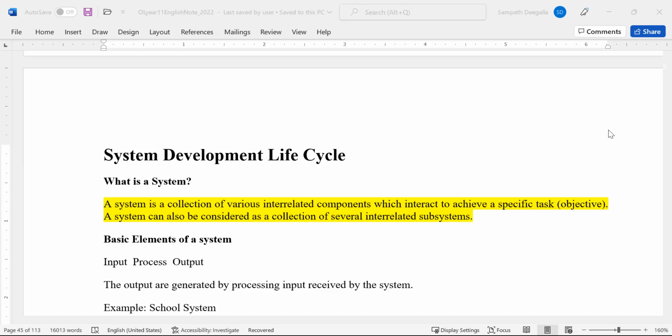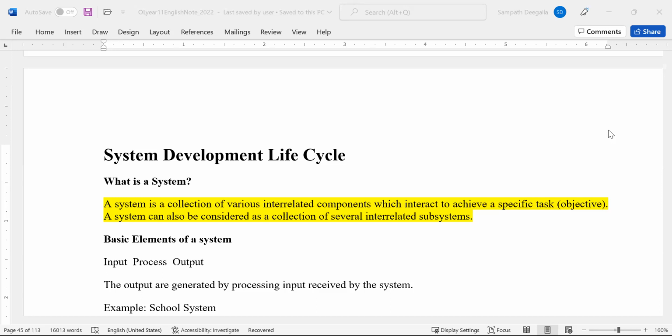When you take, for example, a school system, we have students, we have teachers, we have administrative officers, we have parents, we have all boys, all girls. So there are a lot of interactions that happen, right? Then we will have the school system.